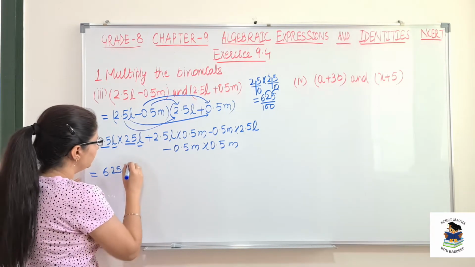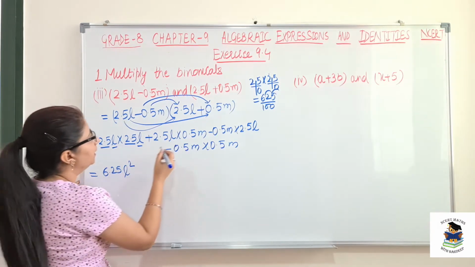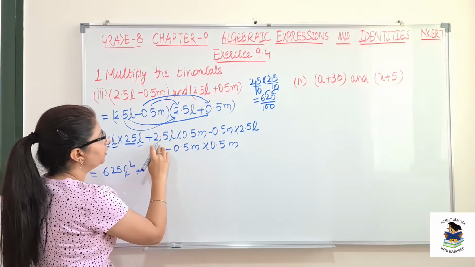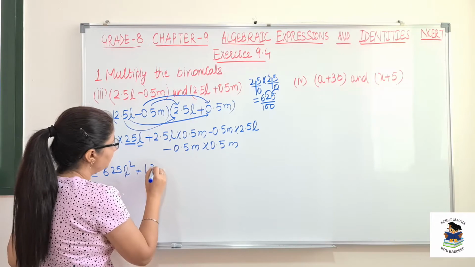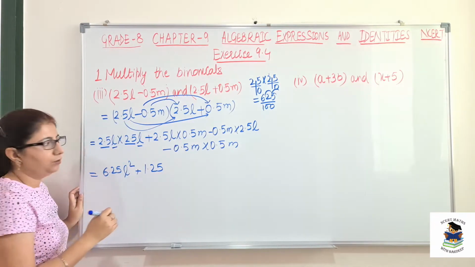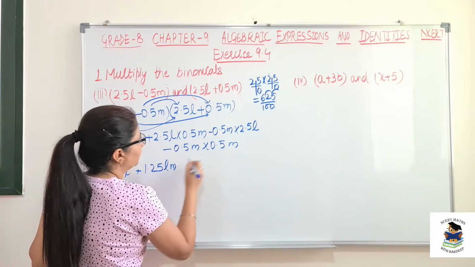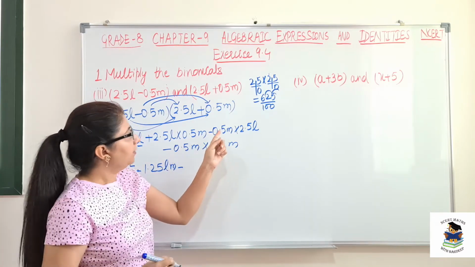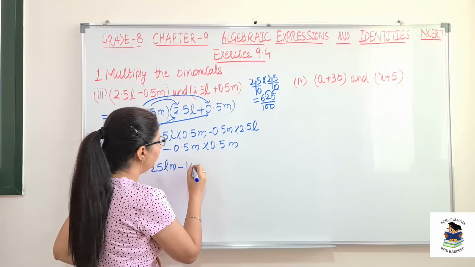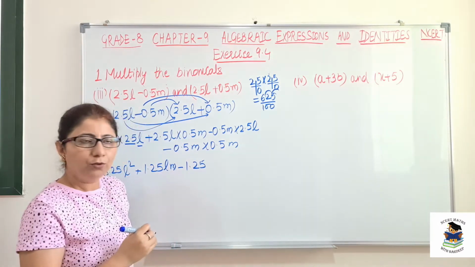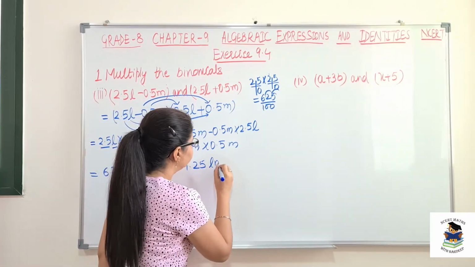l into l is l square. Now see, again 25 into 5 is 125. We have two decimals, so I can write 1.25lm. Third term is negative. Again 5 into 25, 125. So two decimals, so I will write minus 1.25lm.